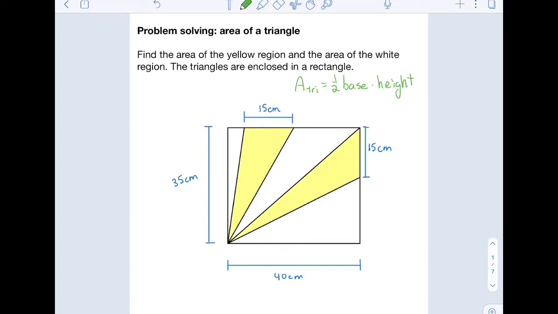Since our yellow region is comprised of two triangles, we'll need to find the area of each triangle. Let's call this first one triangle 1, so we'll be finding area 1. We can see that one side is labeled 15 centimeters, so let's make this side our base.